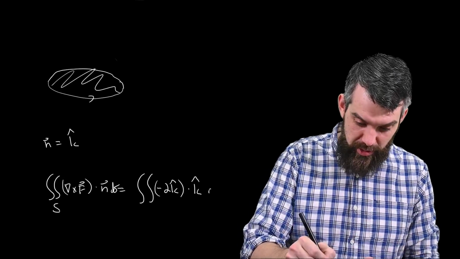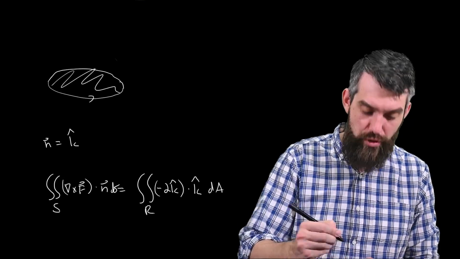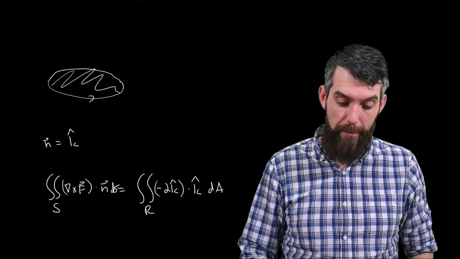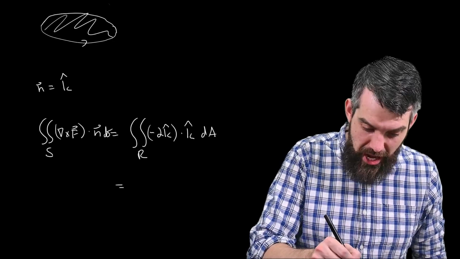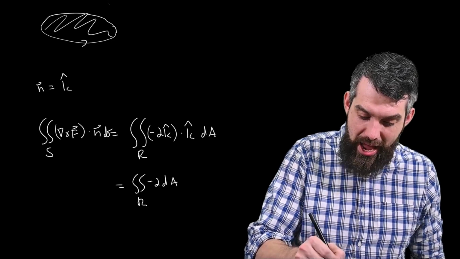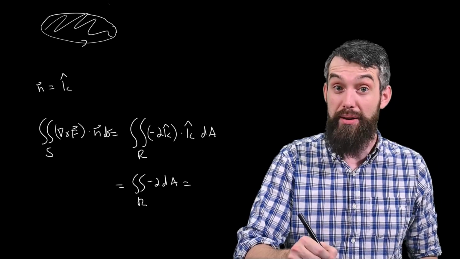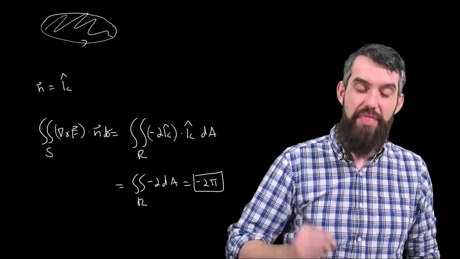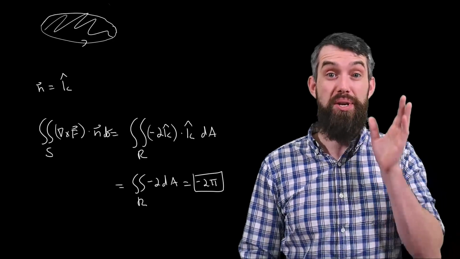And then integrated with respect to area, and I'm going to put down here the region again, which is just the circle in the plane, circle of radius 1. The dot product is easy enough, so it's the double integral over the region of minus 2 dA, and I know what that area is, it's just pi r squared, r is 1, so it's just pi, minus 2 pi. And so we get the exact same answer a third time.